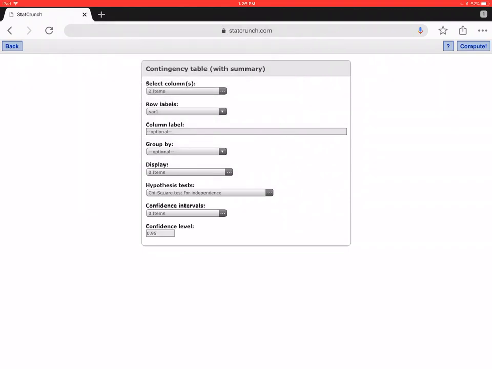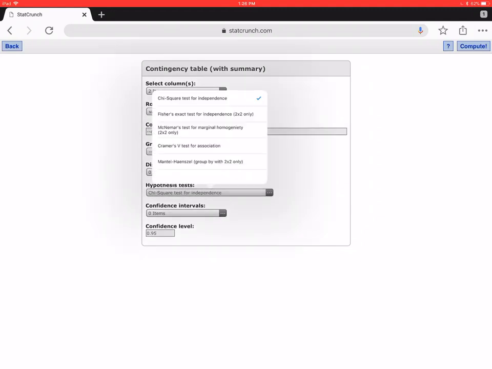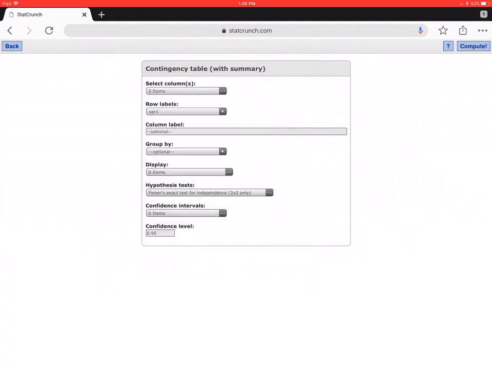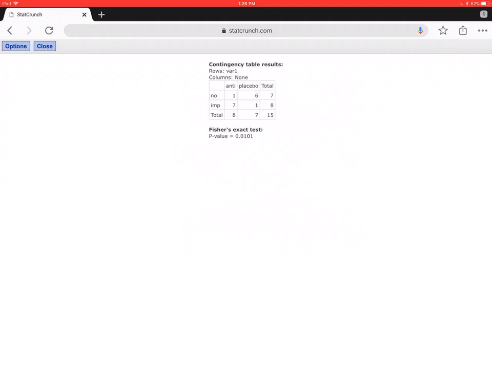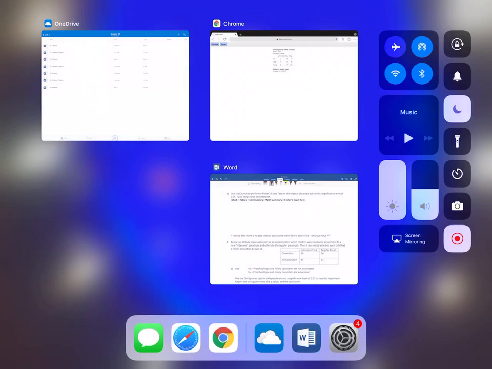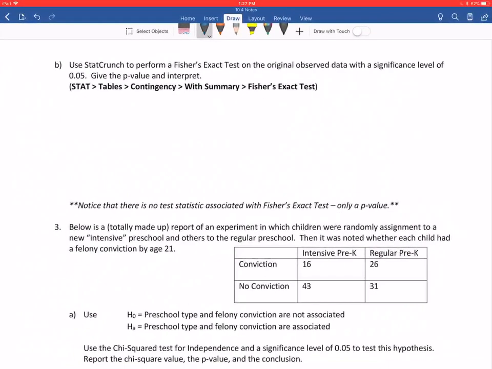The only difference is I come down here and instead of the default test for independence, I pick the next one down, which is Fisher's exact test for independence. Notice it does tell you it will only work for 2x2s, and then I can compute it. There is no test statistic for Fisher's exact test. There is only a p-value, which is all I need to draw my conclusion anyway. So all I need to record is that my p-value was 0.0101.